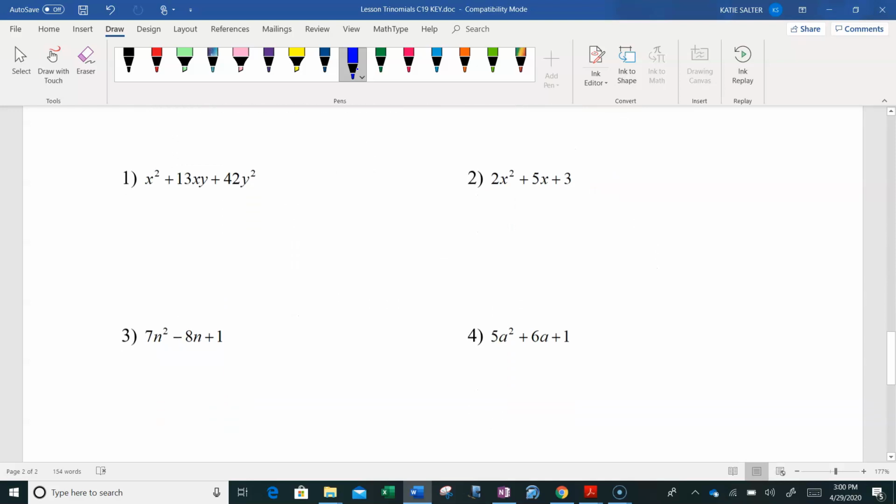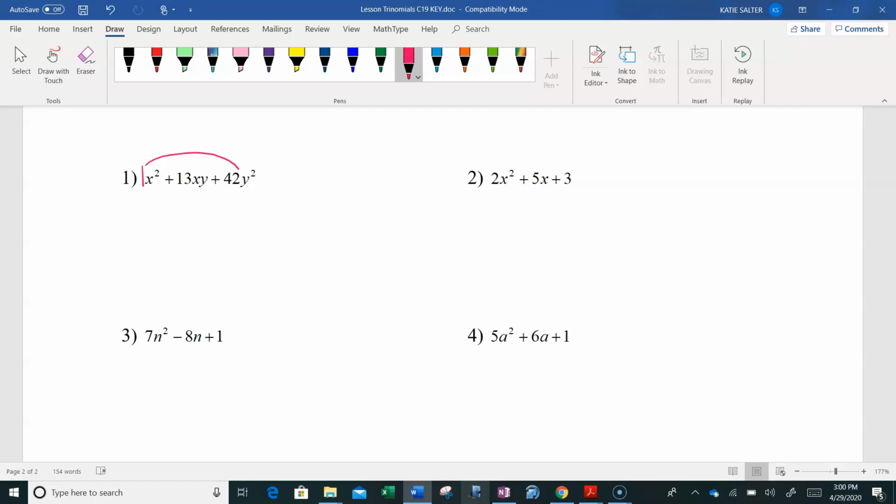In this first example, it actually does start with 1x squared, so you really could shortcut it. But what freaks us out about this is it has x and y in it. So I've always told my students, when that happens, let's not trick ourselves, and let's just go ahead and do it the long way. So we first start: is there a greatest common factor? No. Next step, 1 times 42.